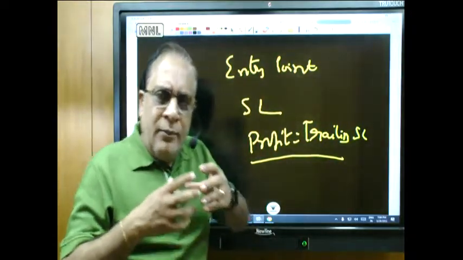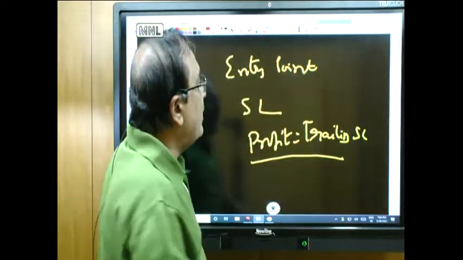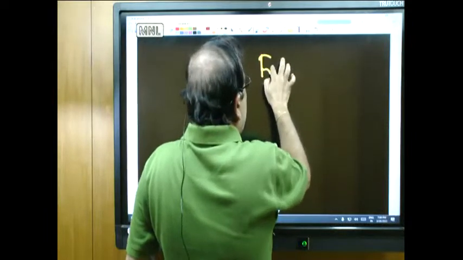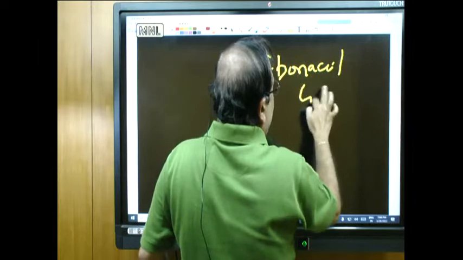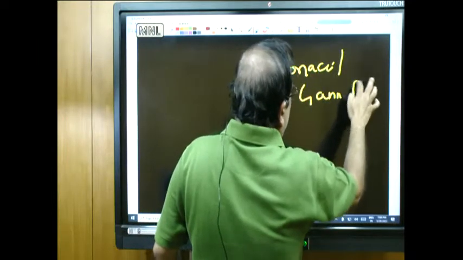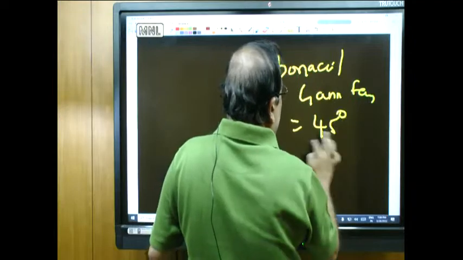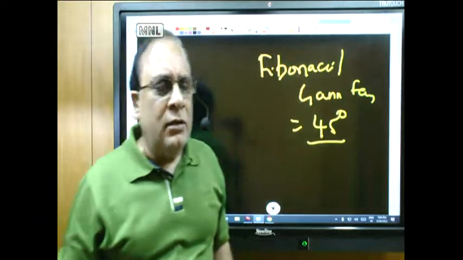So there are many methods of applying stop loss, and one such method is the Fibonacci or Gann fan, as they call it, or a 45-degree line. I will explain to you what exactly we mean by this 45-degree line.